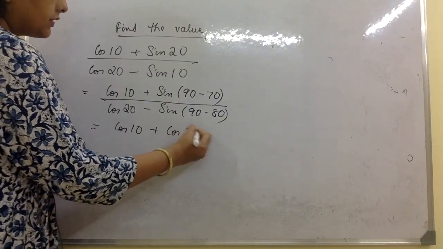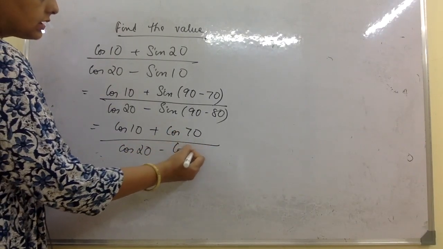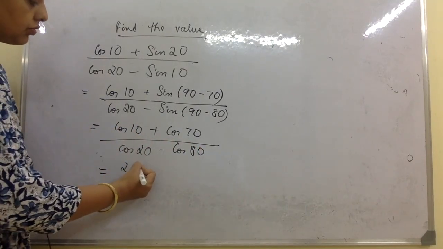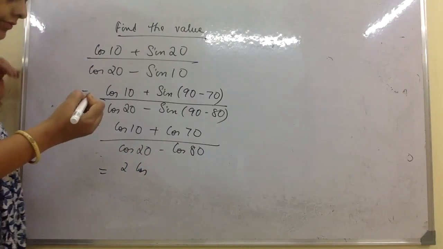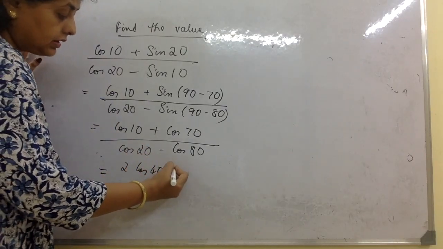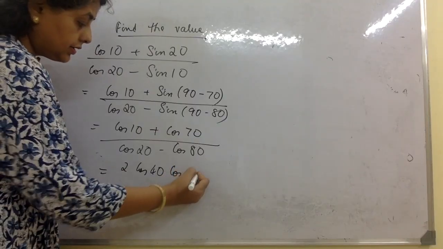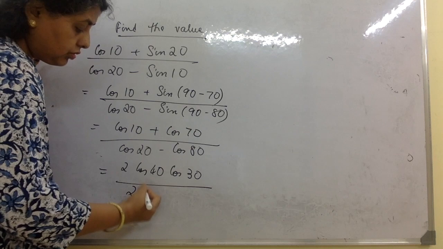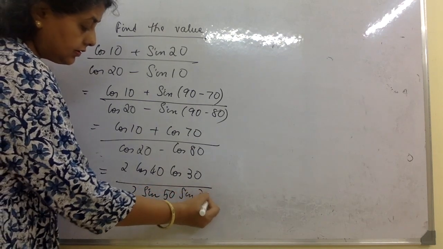Cos 70 plus cos 20 minus cos 80. Here 2 cos 40 and cos, this is using the formula 30. 60 by 2. This is 2 sine 50 and a sine 30.